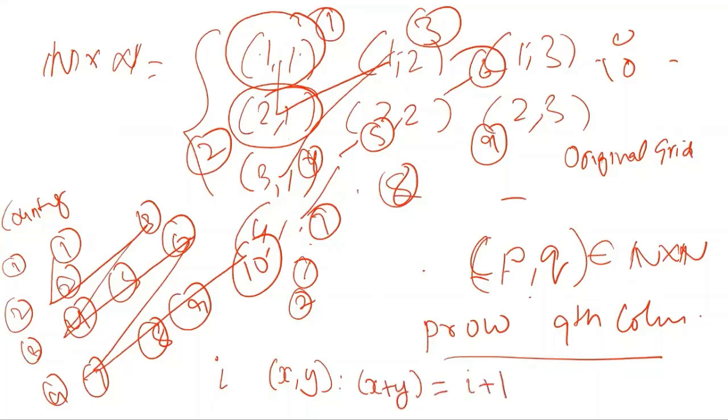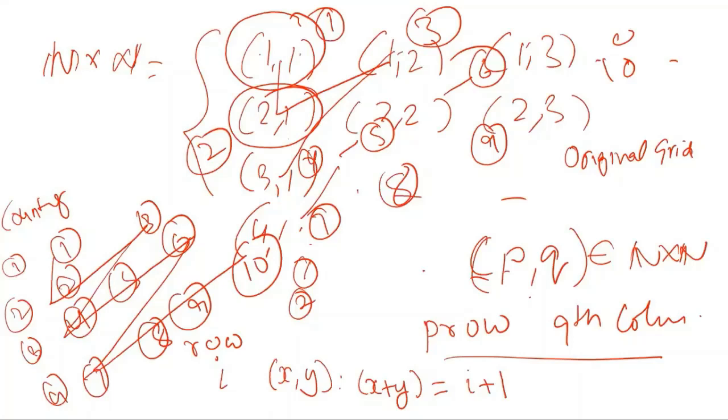If I is 1, it's made from elements which sum to 2. If I is 2, meaning the second counting row, it is made from all the elements which add to 3. So this is counting row I, and it is made from all elements (x, y) such that x plus y is equal to I plus 1.